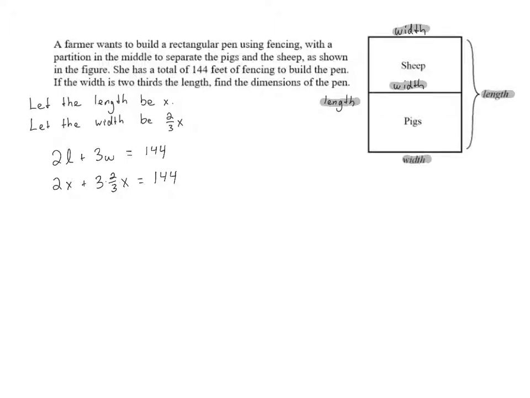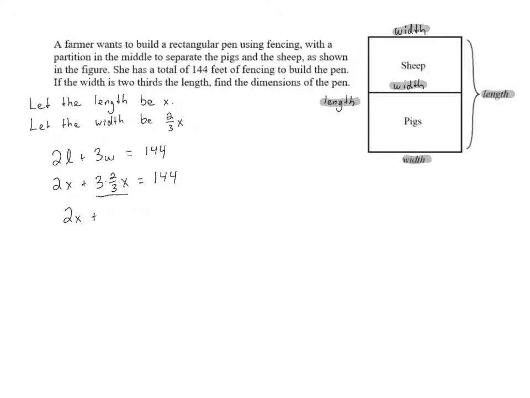Now, if we look at the second term, the one that has the fraction in it, we've got 3 times 2/3, but we can multiply those. 3 times 2/3 ends up being 6/3, or 2. So this second term will reduce to 2x.